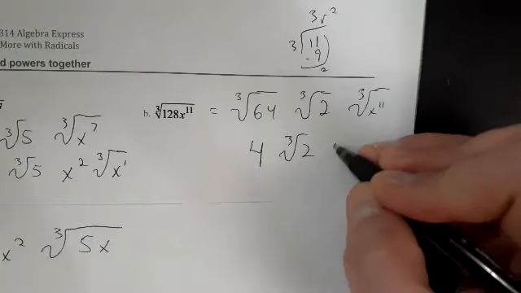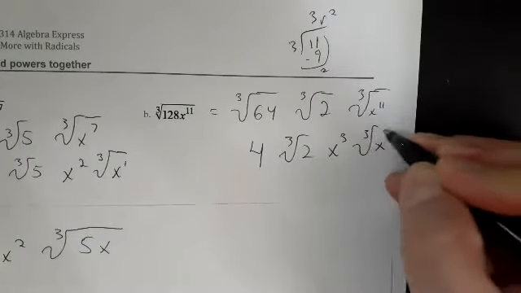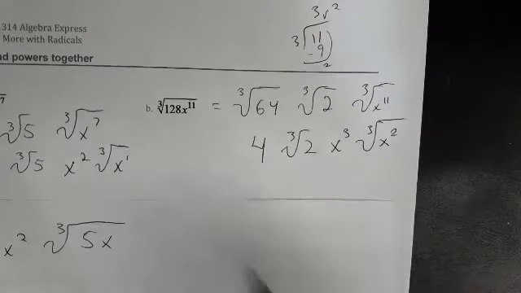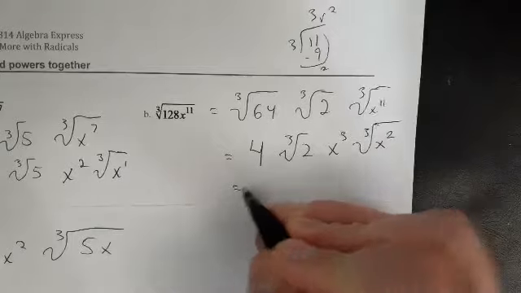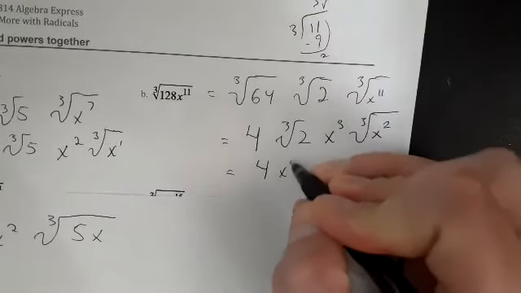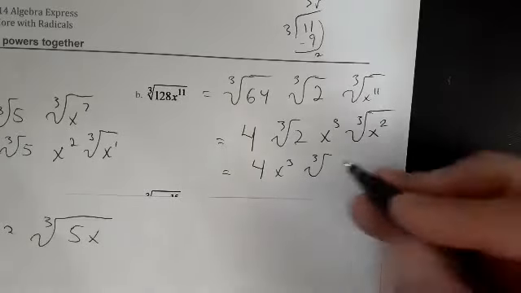So I'm doing x to the 3rd with the remainder of 2 underneath the radical still. So I'm doing 4x to the 3rd. The radicals still are 2 and an x squared.